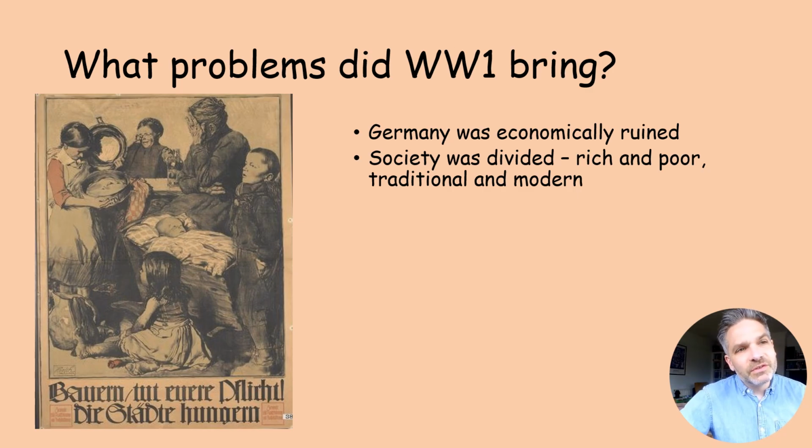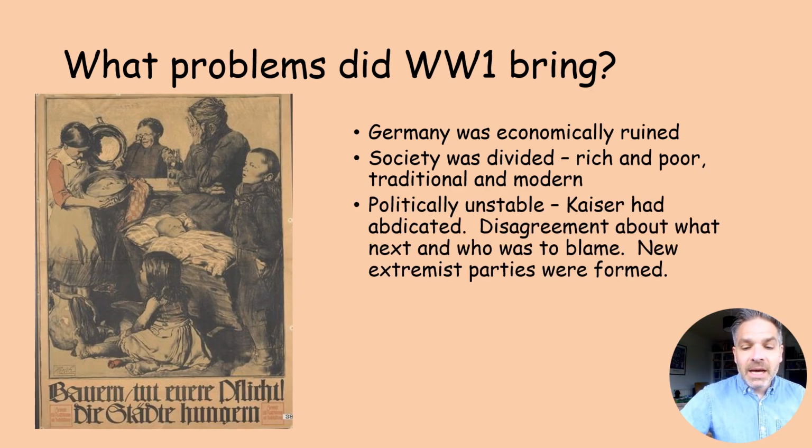There's a split because society has changed in many ways. Men have gone off to war and women have taken their roles, and so there's this pull towards a more modern society, and there's this split between those with more traditional and modern values. And there is a huge amount of political instability. People angry at the course of the war. Some people angry because they didn't want to see the war come to an end. Some people angry because they felt the war shouldn't have been fought or shouldn't have been fought in the way it was.